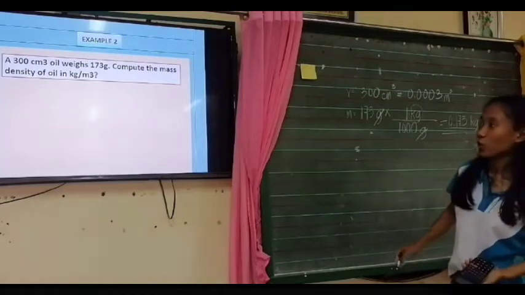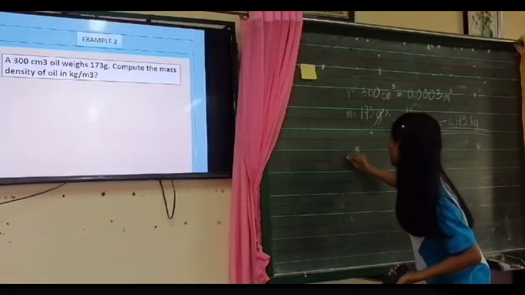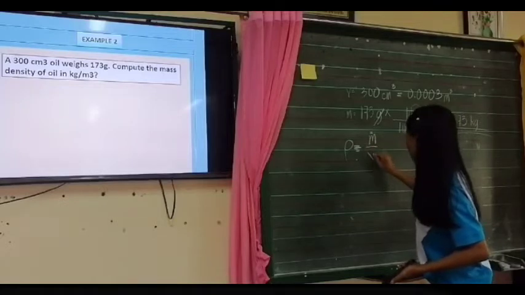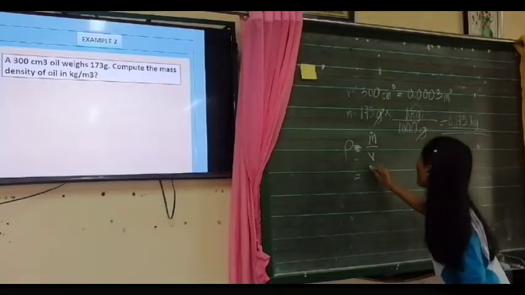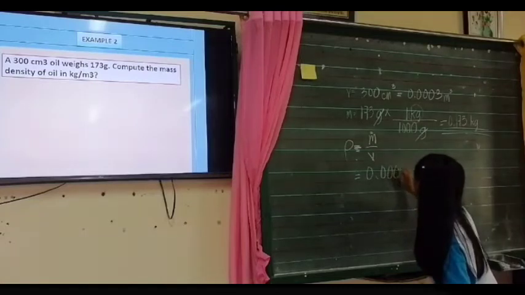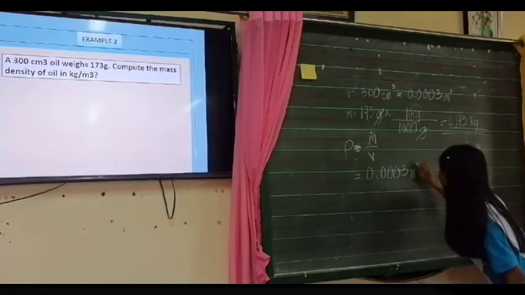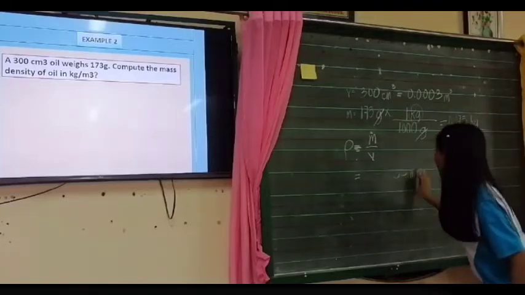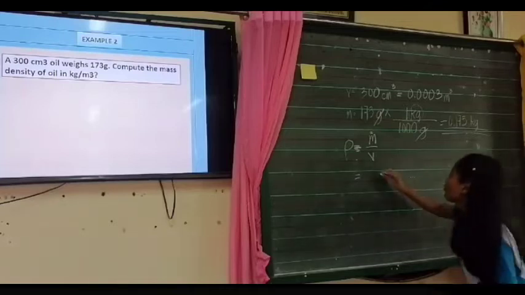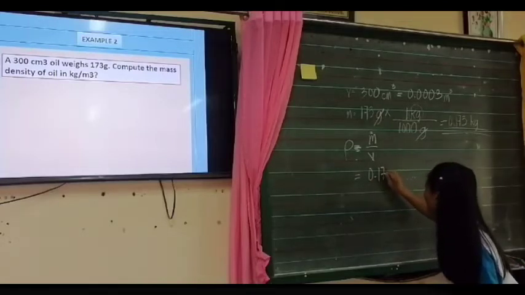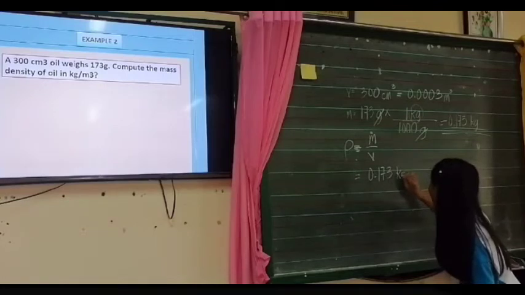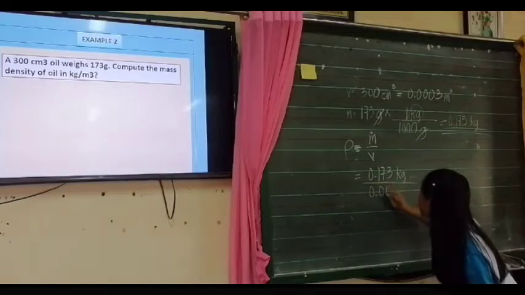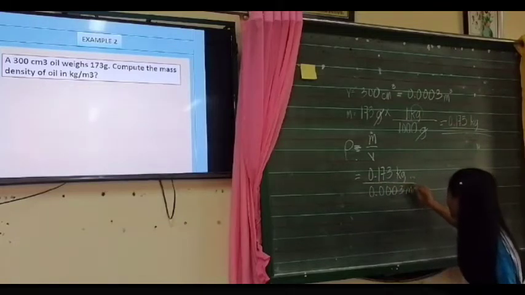So, pwede na natin kunin yung density ng oil. So, rho is equal to M over V. M is 0.0003 cubic meter. Oh, mali. Mass pala. We have the mass na 0.173 kilogram and the volume na 0.0003 cubic meter.